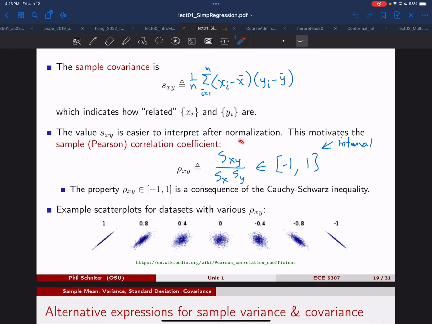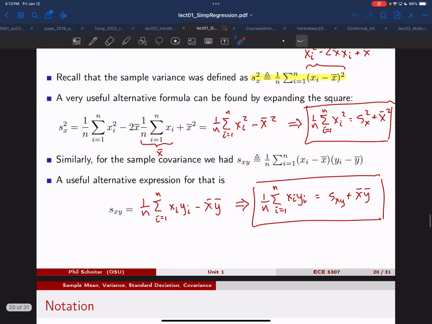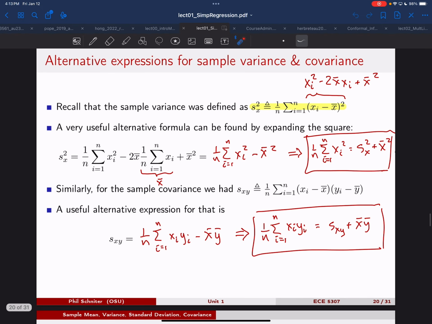We also had this normalized covariance, sometimes called the correlation coefficient. This is a quantity that's much more interpretable. It's always between 1 and minus 1, whereas the covariance is less interpretable because it scales with the size of the x and the size of the y. And the last thing we did is we came up with some alternative expressions that are sometimes useful.